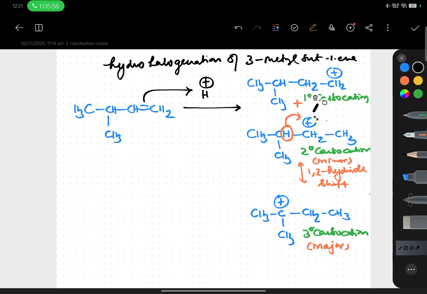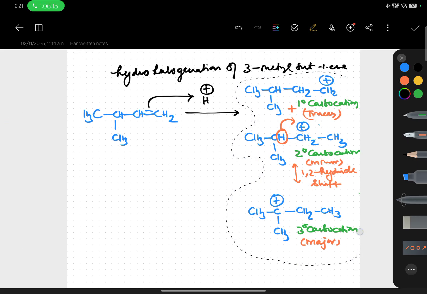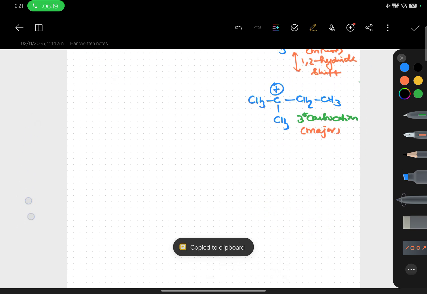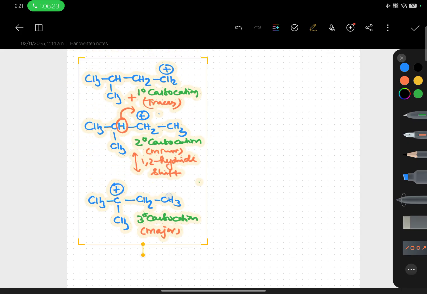While the first one will be found in traces. Okay, this is very, very important. The point, please copy. So just a moment. Now take all of them and rewrite it here.